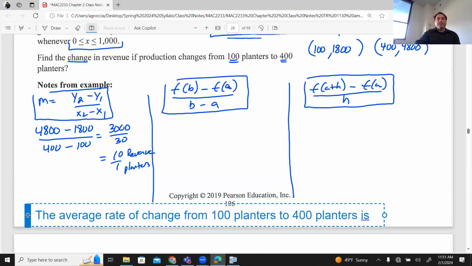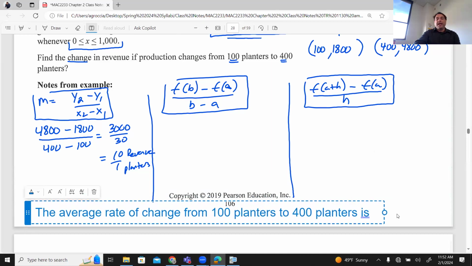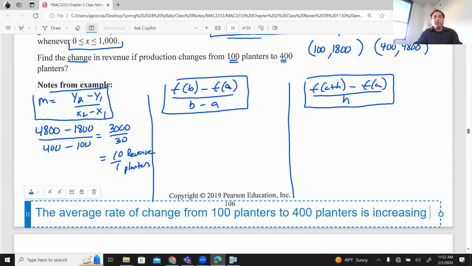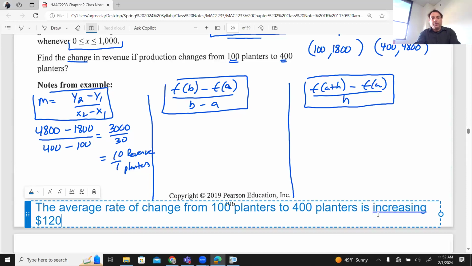What did we get? Positive 10. So that means it's increasing $10 per planter.